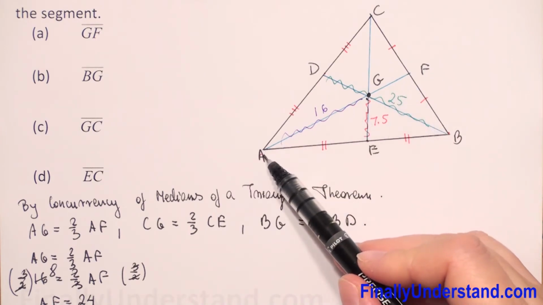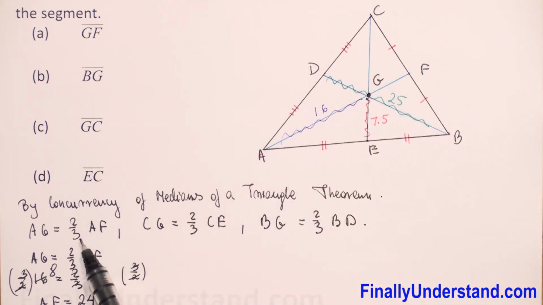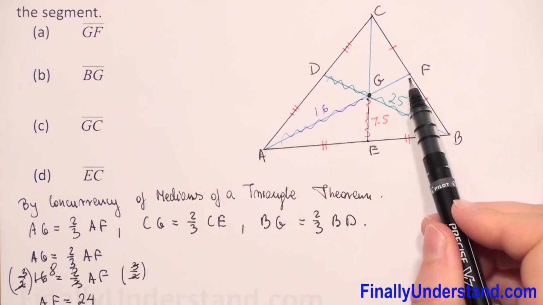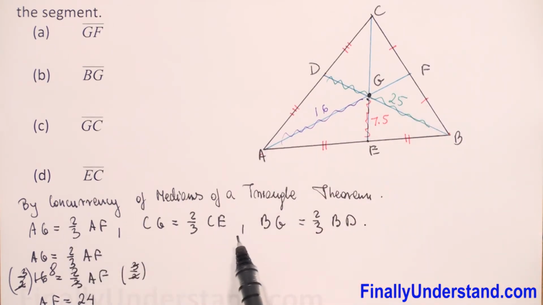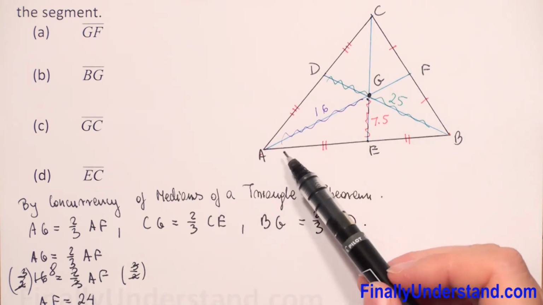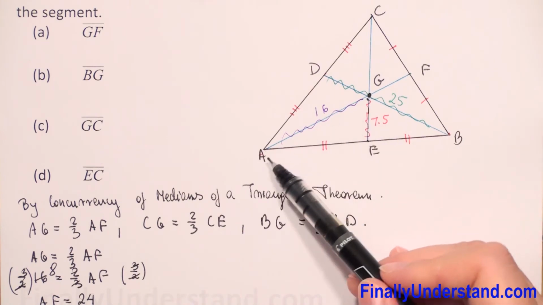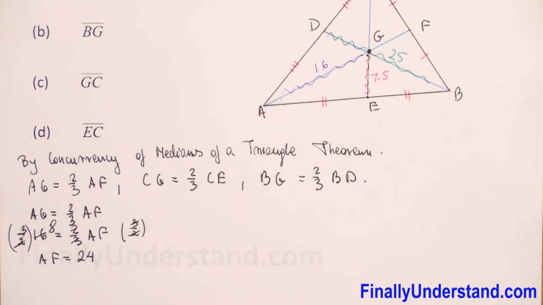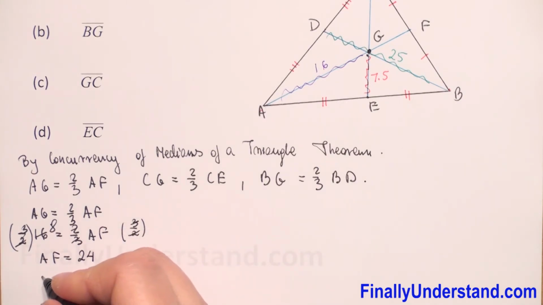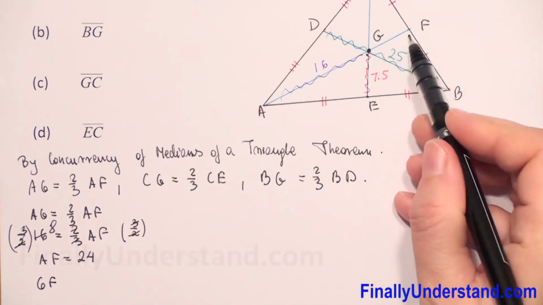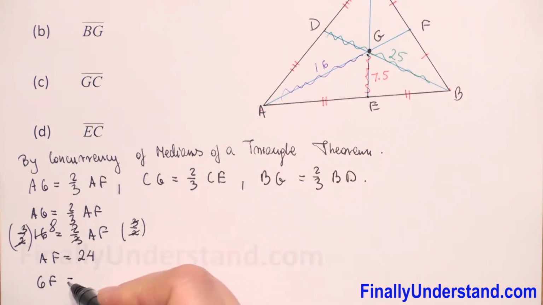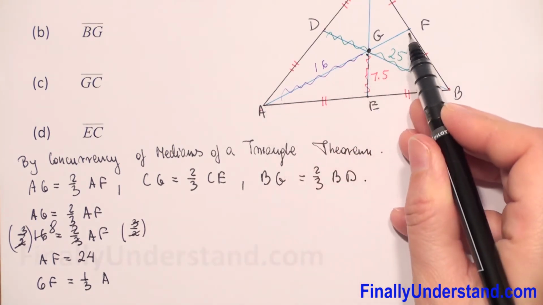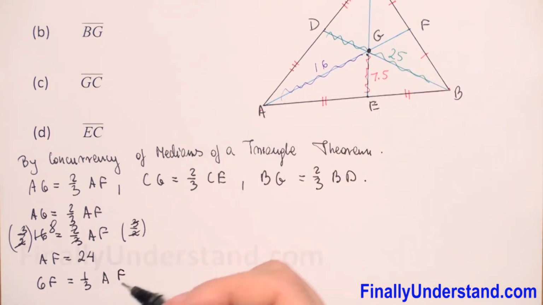Like I said, because AG is 2/3 of AF from the concurrency of medians of triangle theorem, we can write that GF, this part, is equal 1/3 of this whole segment AF.